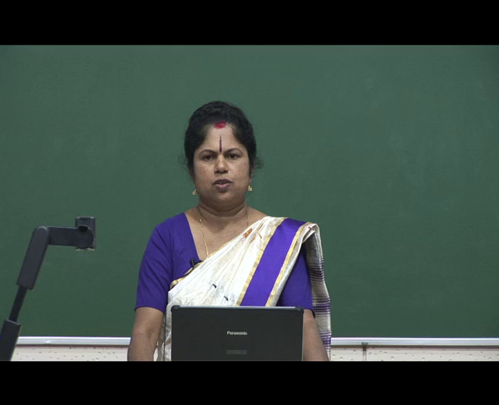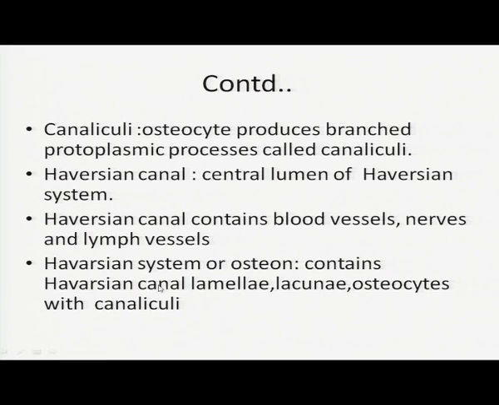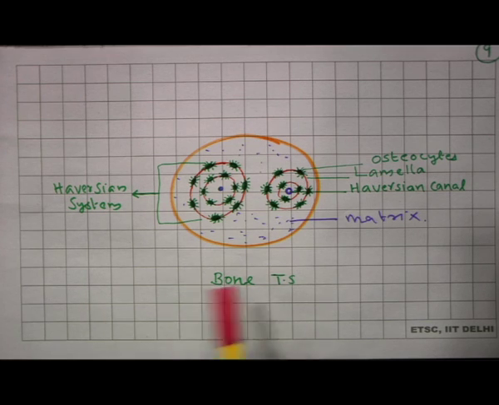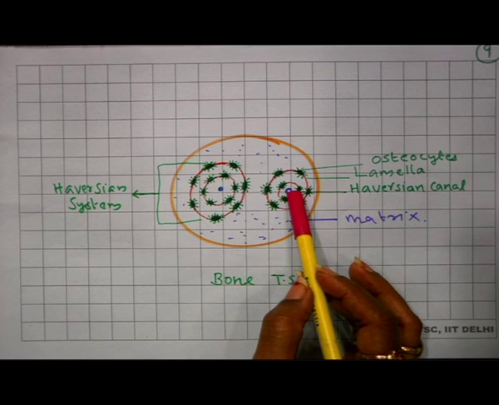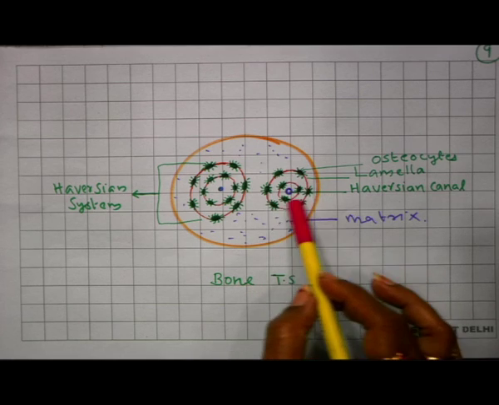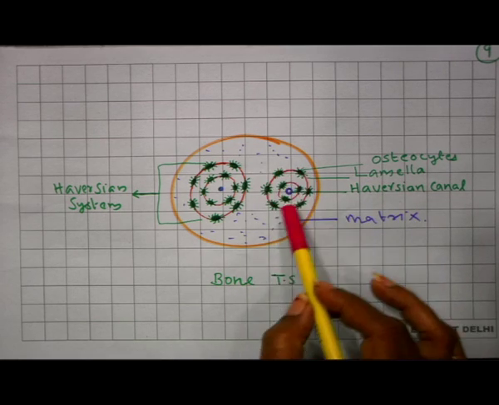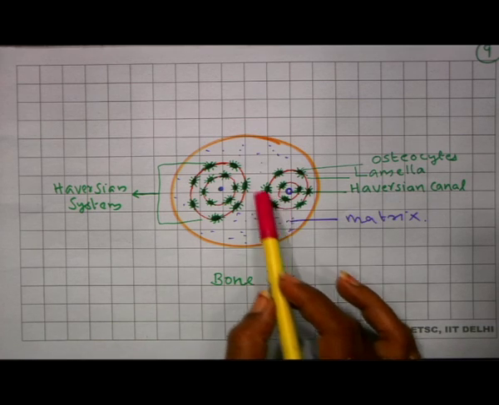It contains the Haversian canal at the center, and you just see what the different components are that contribute to a Haversian system. At the center here you can see the Haversian canal. Then around it there are lamellae, the concentric layers, and in this concentric layer the cells are arranged.